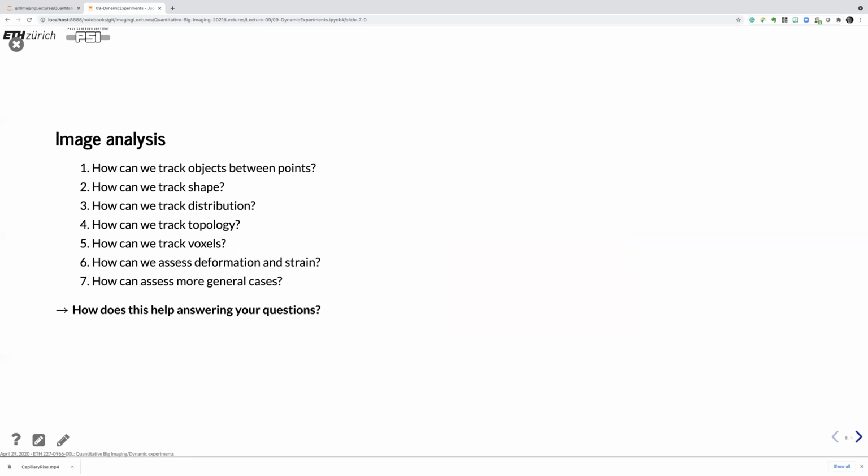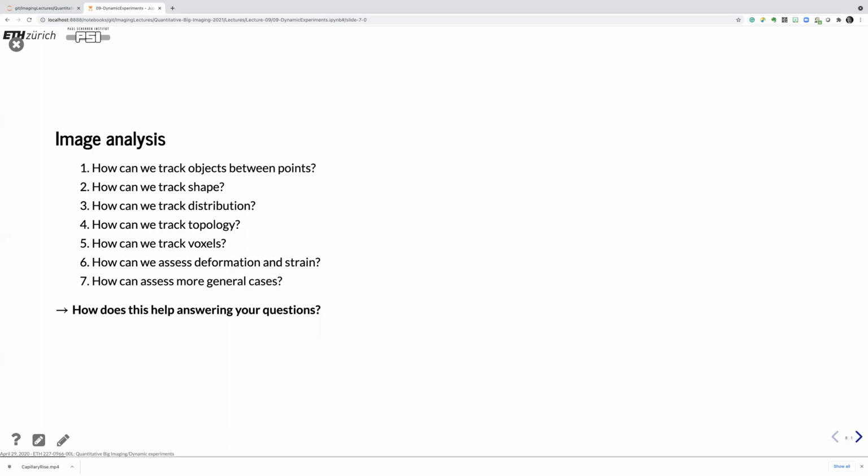So the image analysis, how to go along with that. First is the question how we can track objects between points in time. Can we also track the shape or track distribution of objects? How can we track topology, or actually tracking single voxels? Is it possible to assess deformation and strain within the data?